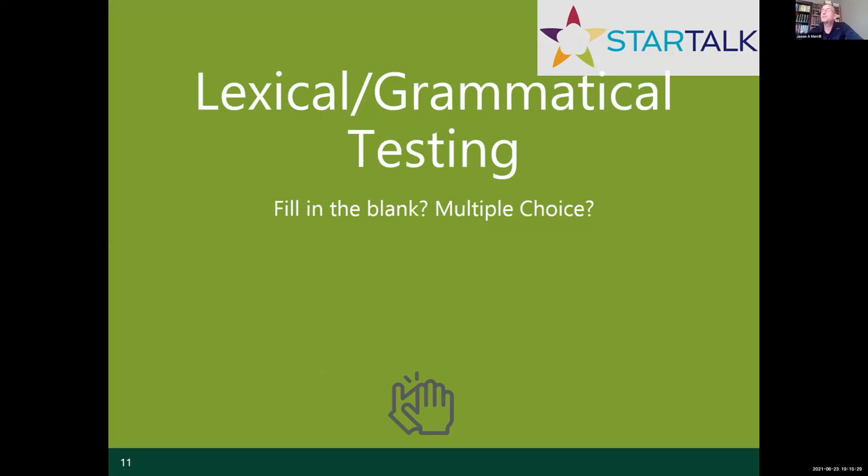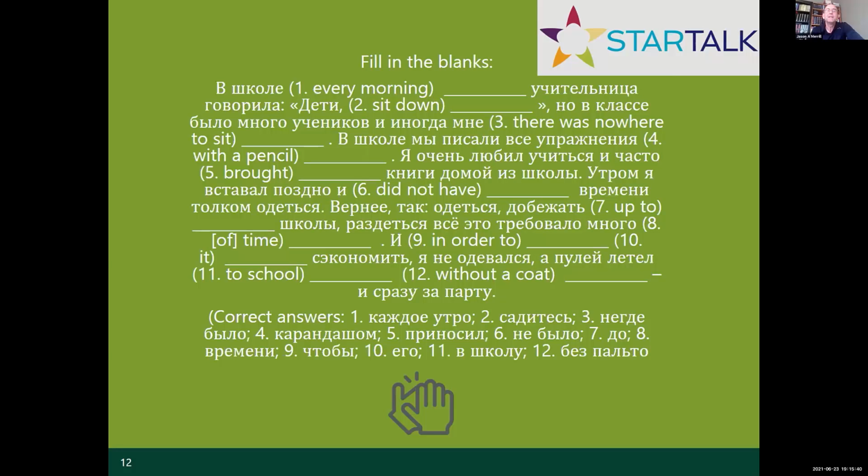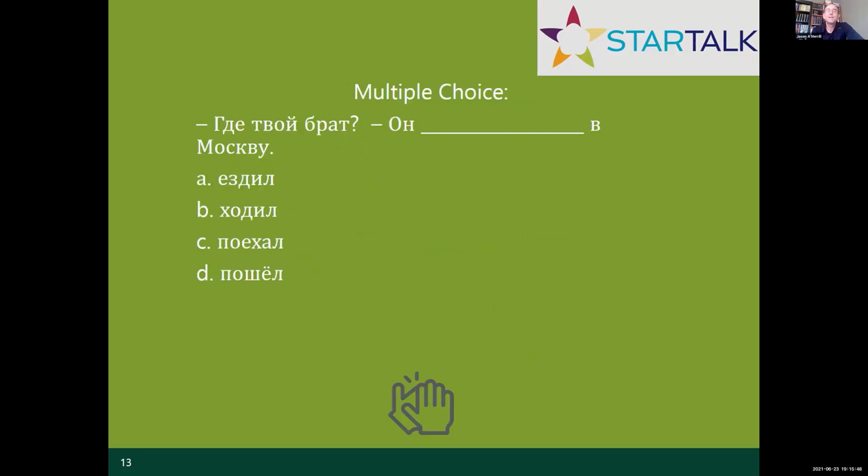So multiple choice checks passive knowledge very well. And with fill in the blanks, of course, there's no guessing there. You either get it or you don't. So they also complement each other well. Here's an example of a fill in the blank, one of our tests. Here's an example of a multiple choice.